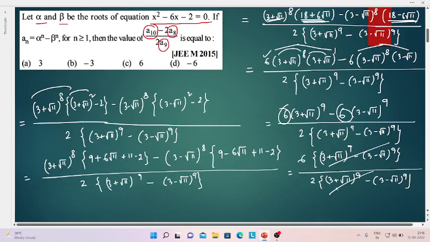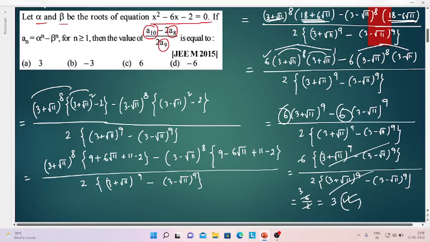That is why I always say don't break this into binomial expansion, because if you break this part, it will be a very lengthy question, and you may not solve it by following this path within the time, right? So the value will be 6 upon 2, which is 3. So the answer will be 3.